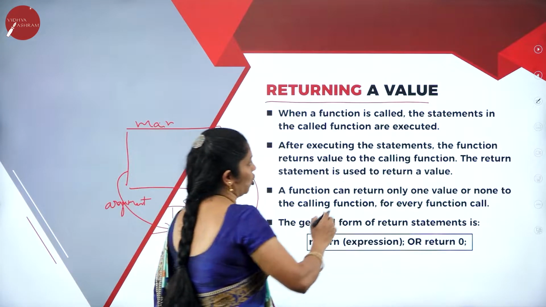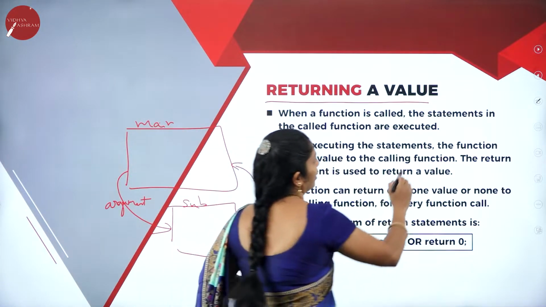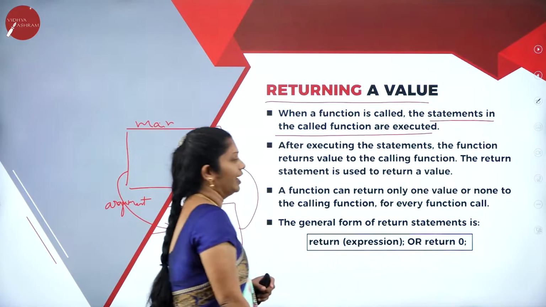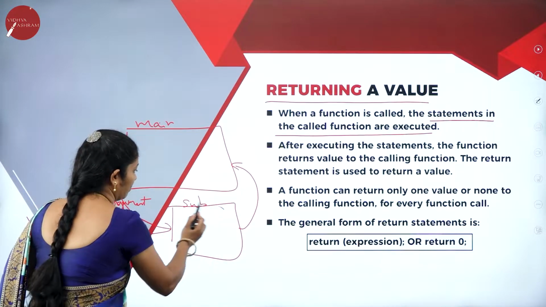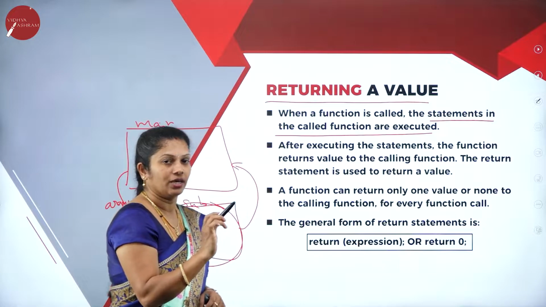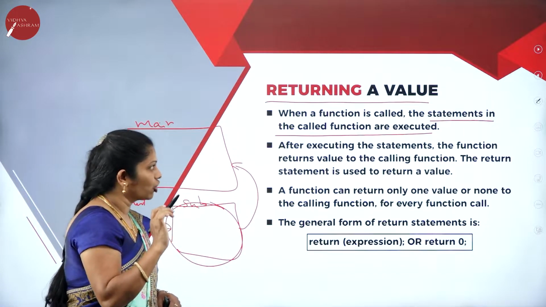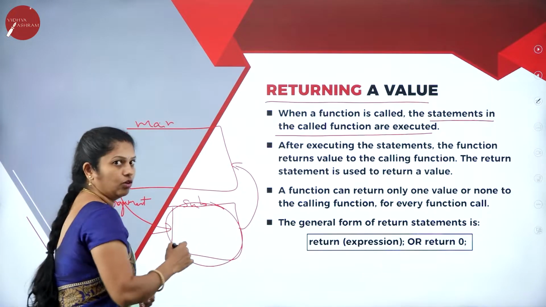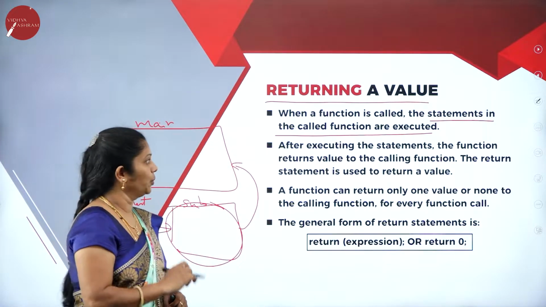When a function is called, it is invoked. The statements in the called function are executed. Whenever we call the subprogram, automatically when the function is called, the statements in the called function are executed.